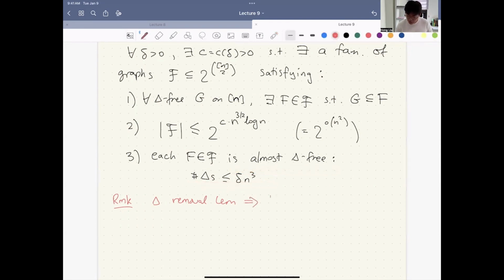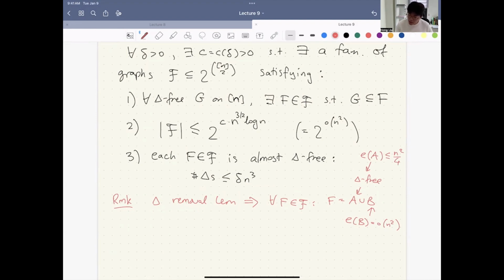We have that for every container. Here, F can be decomposed into a triangle-free graph and a graph with little o of n squared edges. The triangle-free part, by Mantel's theorem, cannot be too large.